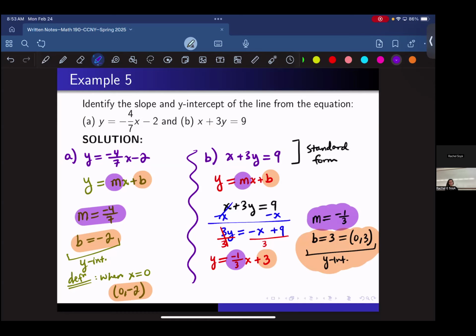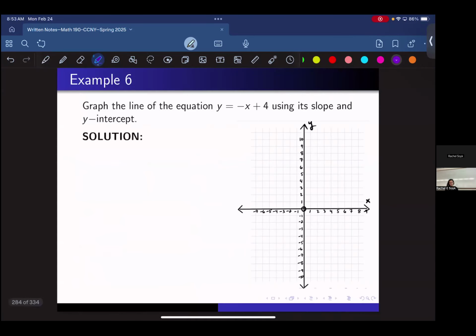All right. Take a look at example 6. We're asked to graph this equation, y equals negative x plus 4, using its slope and y-intercept. So what's the slope here? m is equal to?